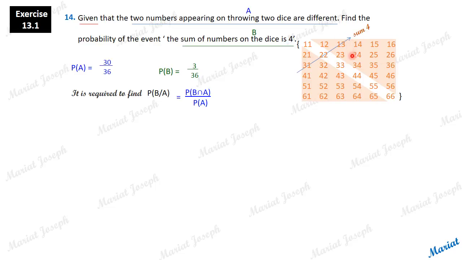Yes, we have two of them: 1,3 and 3,1 will satisfy both conditions. Hence, the numerator probability is 2 by 36. So 2 by 36 upon probability of A, which was already 30 by 36. On simplification, we get 1 upon 15.